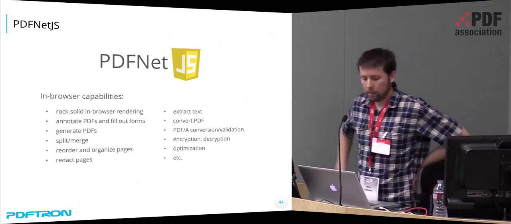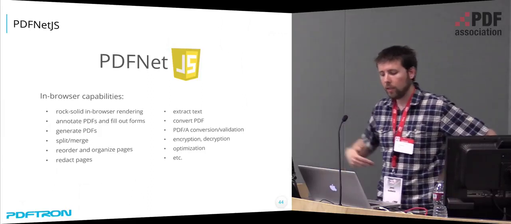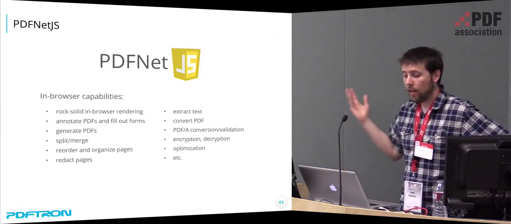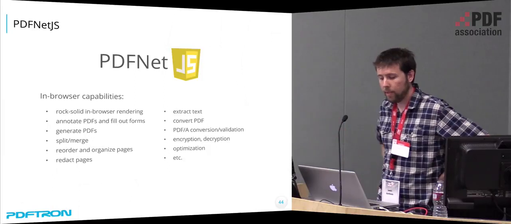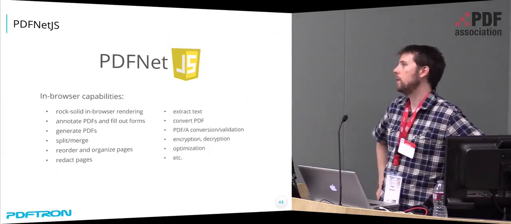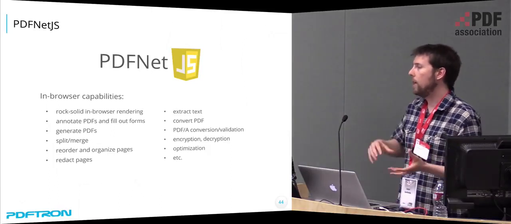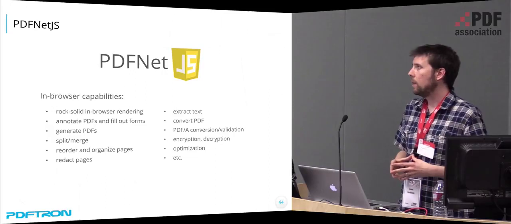You can do annotating, you can fill out forms, you can generate PDFs, split, merge, reorder, organize pages, redact, extract text, convert PDF, PDF/A conversion, validation, encryption, decryption, optimization, linearization. Pretty much anything you would want to do with a PDF, you can now do entirely client-side.